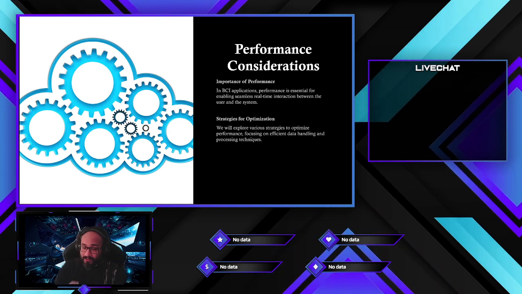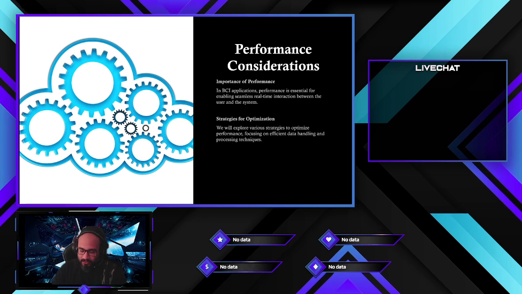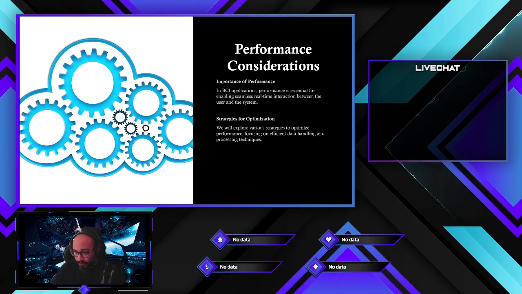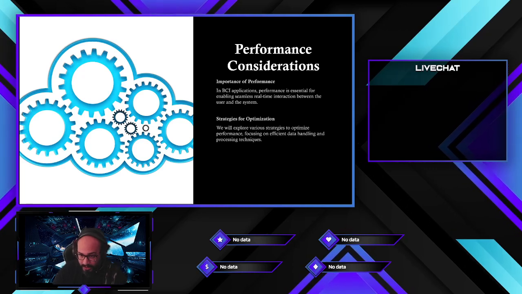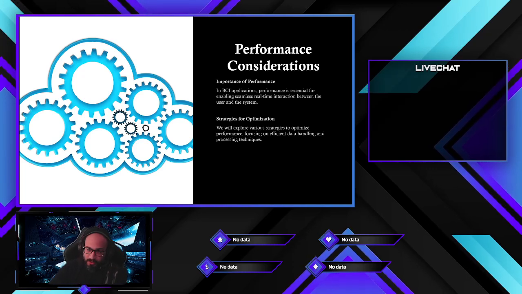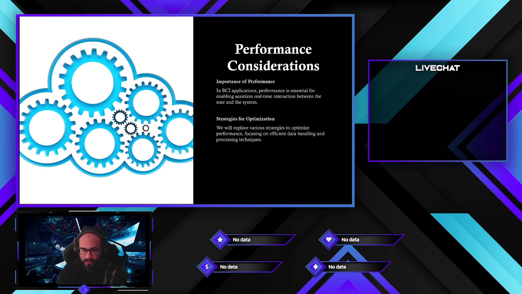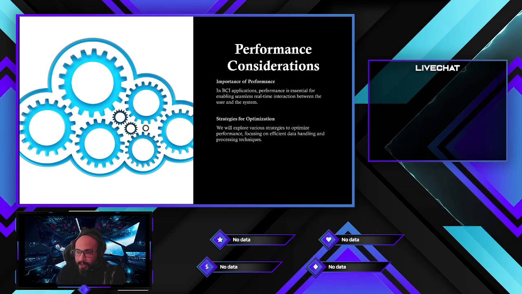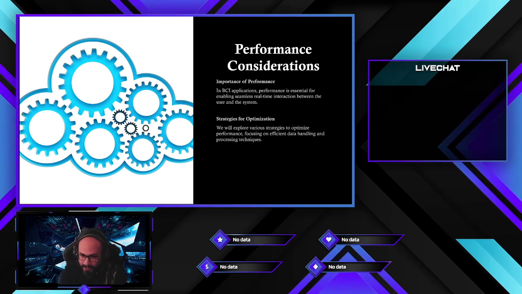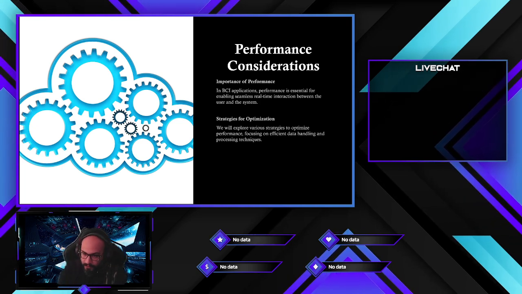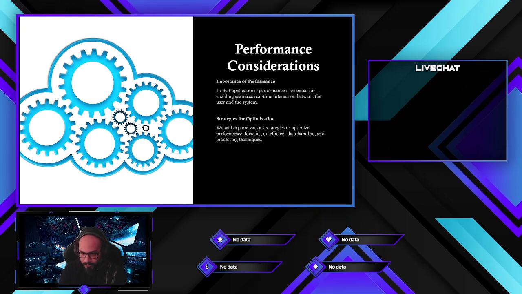You need to select the programming language that will really achieve such performance, and you will need various strategies to optimize performance in time, memory, and all of that, including efficient data handling and even when you are doing the data processing.